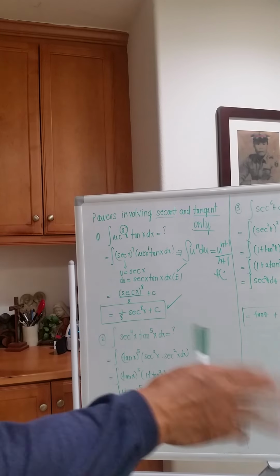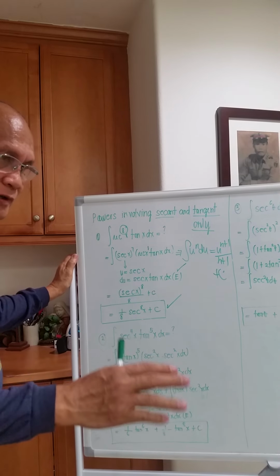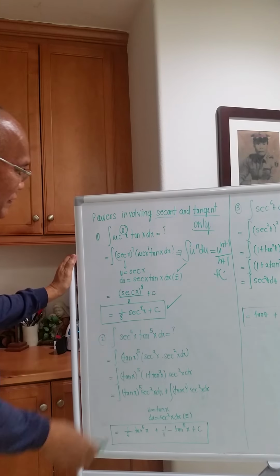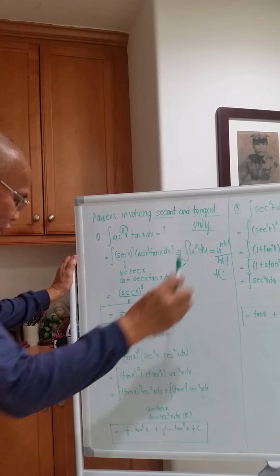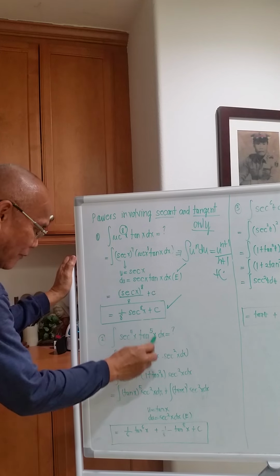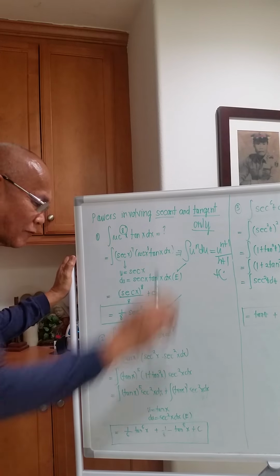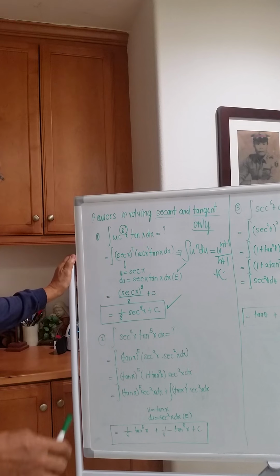Okay, let's proceed with example number 2. Example number 2 is still under the powers involving secant and tangent only. Example number 2, the integral of secant to the fourth of x, tangent to the fifth of x dx, equal to what? We will just rewrite the given problem.